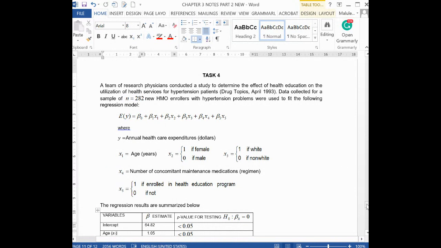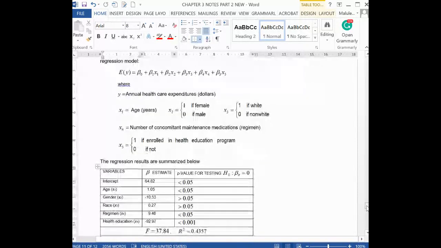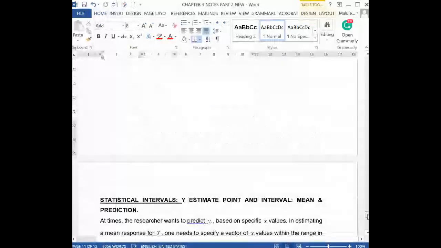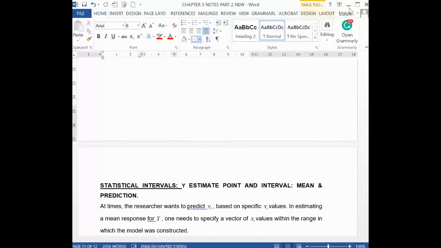Now allow me to go back to the study guide and cover the other sections which are still hanging there. Since I started, I didn't cover the confidence interval for the mean and the prediction interval, but we'll cover that.